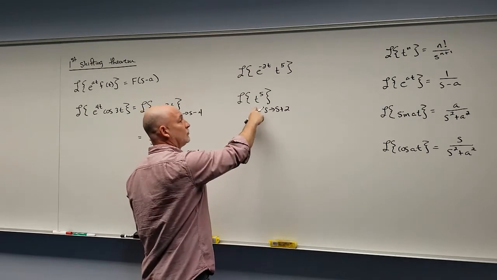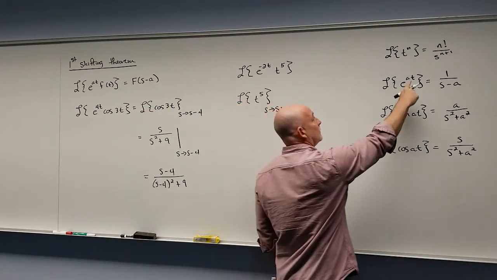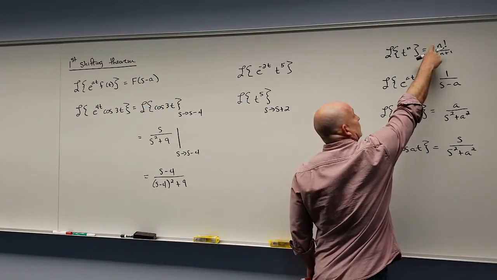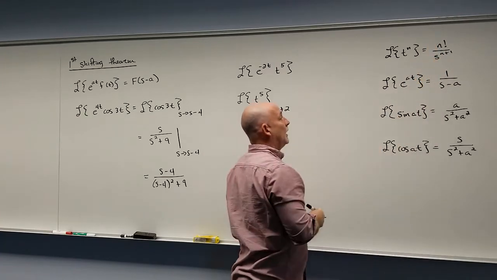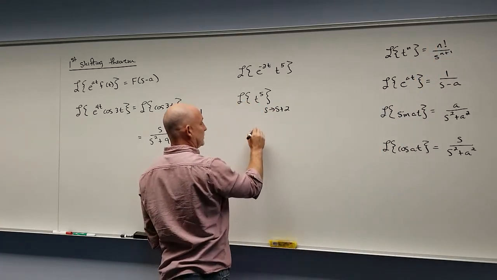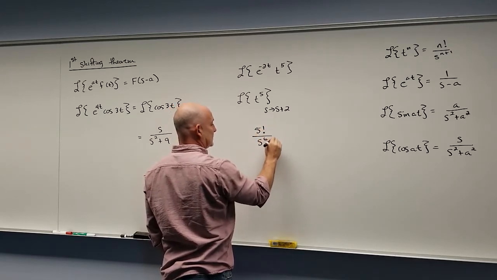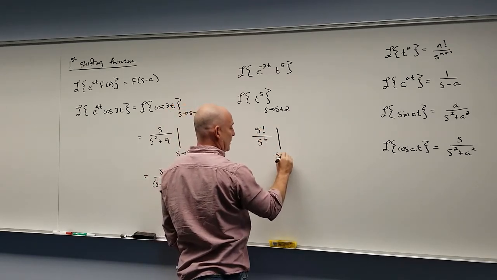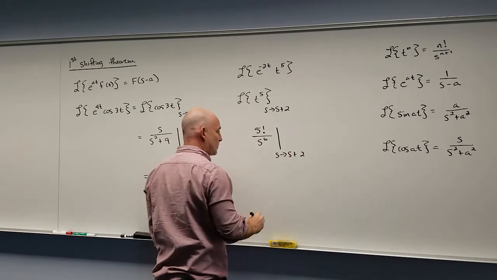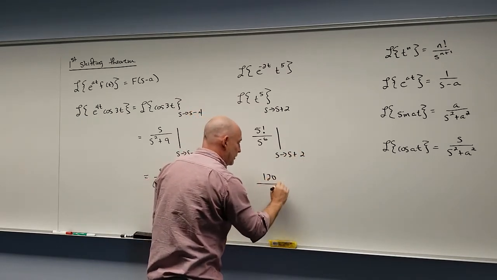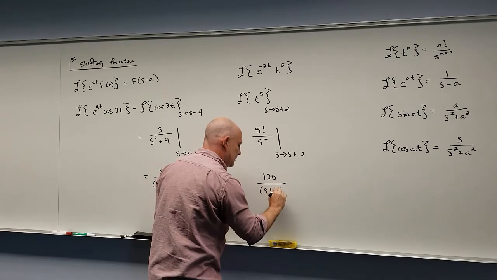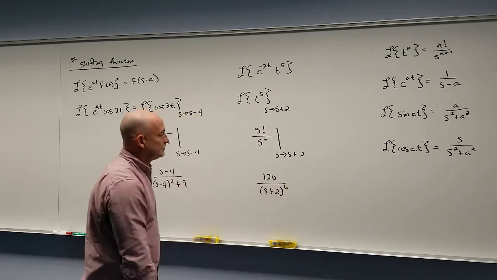So the Laplace transform of t to the fifth is going to be 5 factorial over s to the sixth by our definition. But we have to replace all of our s's with s plus 2. So this is 120 over s plus 2 to the sixth.